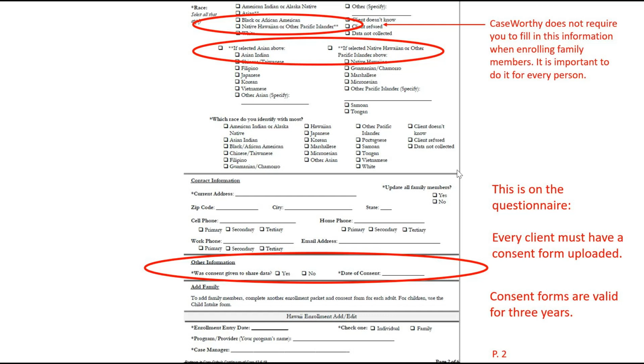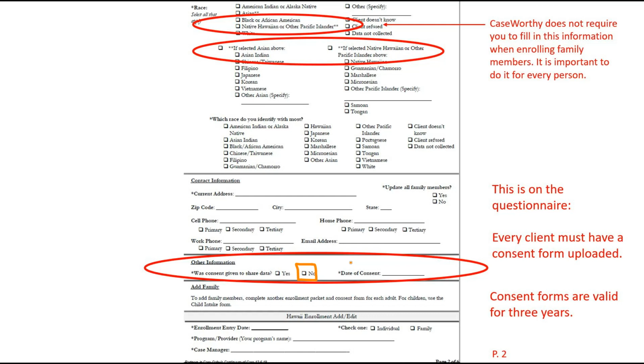If a client signs a consent form, they are consenting for you to share their information with the other organizations in our COC. You're also able to share their information with our CES team, our coordinated entry team, so that that client is eligible for housing referrals and housing services. If a client declines to share their information, if no is selected here, the client is saying, I only want to receive services from your organization and you can't tell anybody else about it.